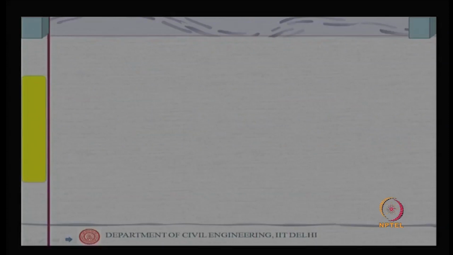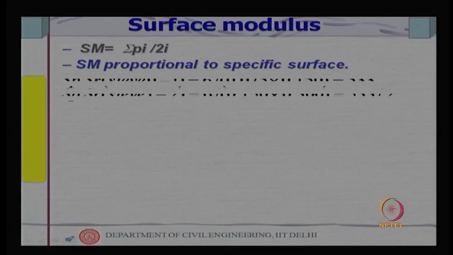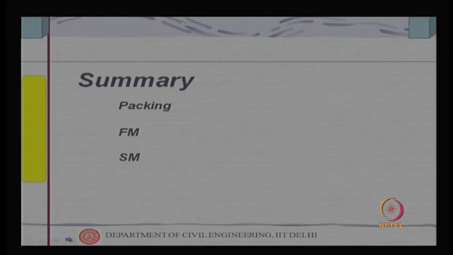So, we can summarize today's discussion. What we have discussed is essentially packing. Fineness modulus and surface modulus we have just started, and next class we will look into this. While looking at packing, we have seen the principles of the packing density, how it changes in binary mixtures, and one can extend this idea to ternary mixtures.